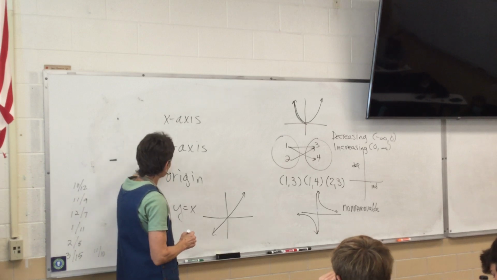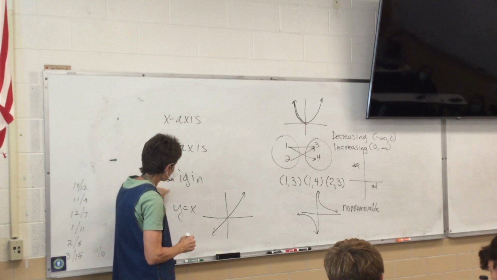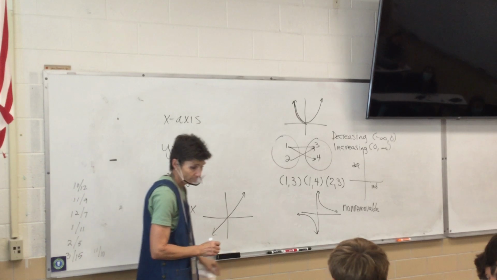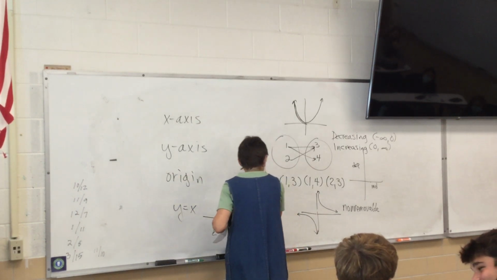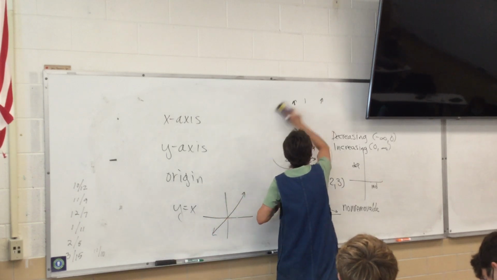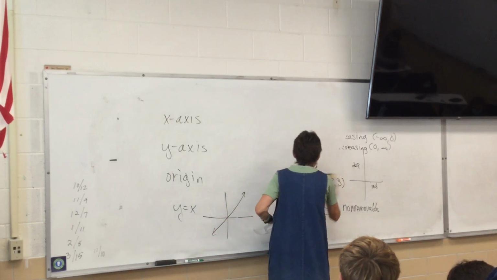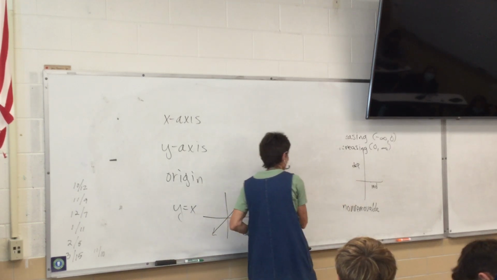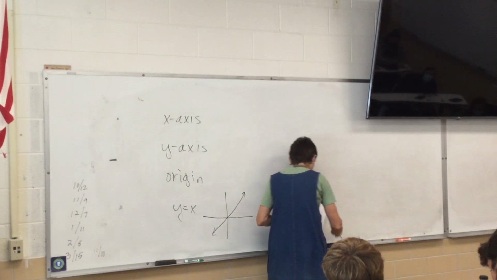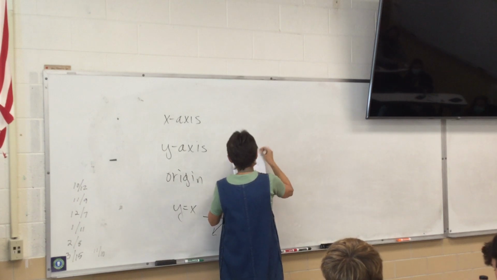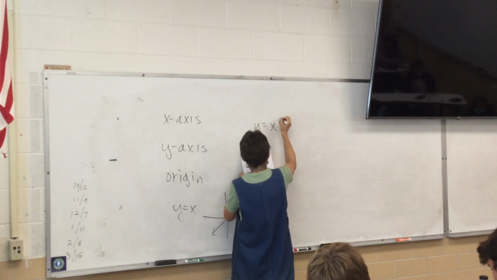So we want to know if we have symmetry to any of those things. So I'm giving you a couple of examples, and we're going to go through and talk about how you can algebraically test for symmetry. A lot of times you can just visualize it, but we're going to algebraically test.